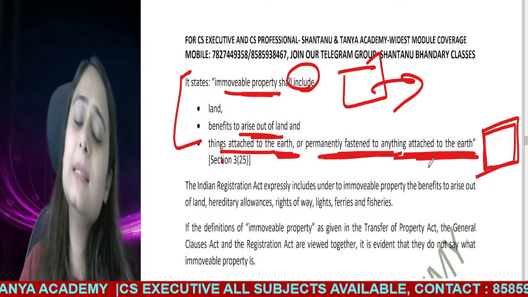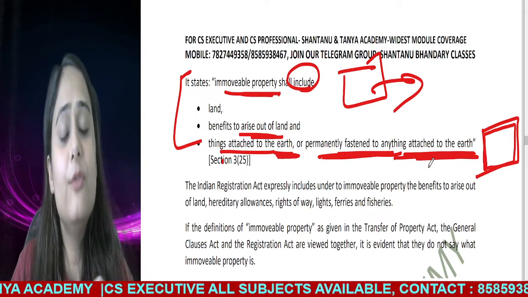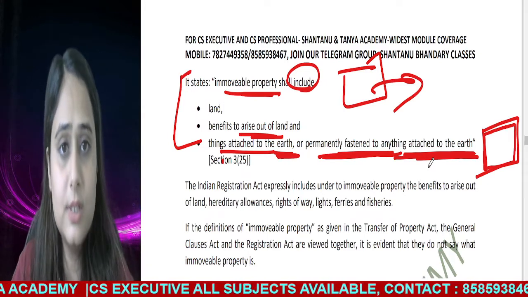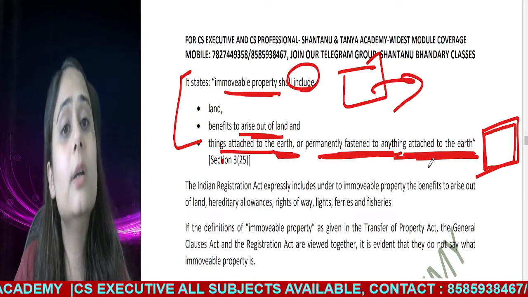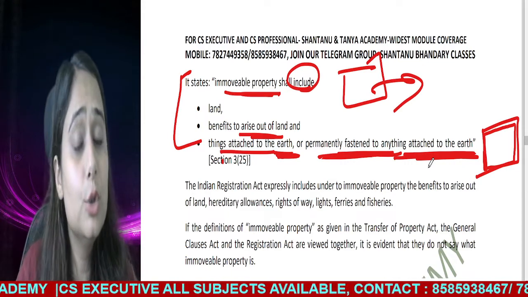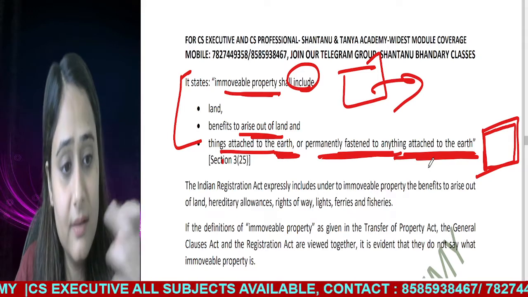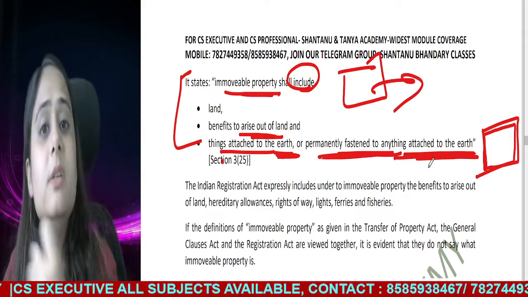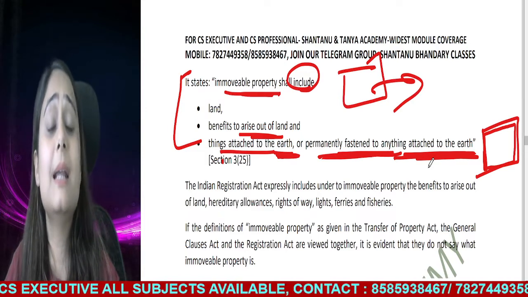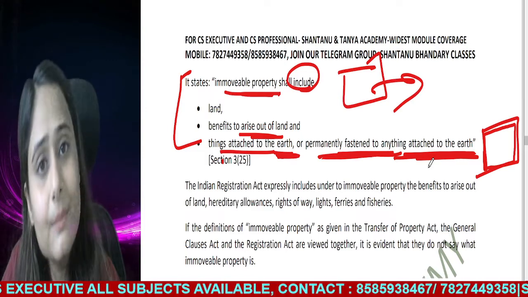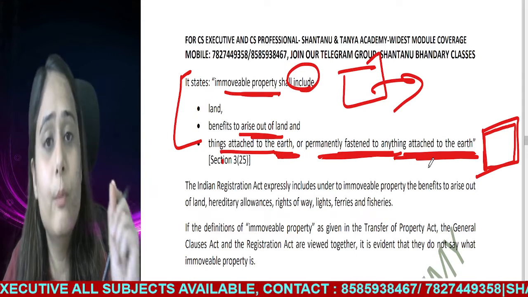And benefits arising out of land means that if I own a house and I have given it on rent, the rental income which I am earning would also be treated as immovable property because that's the benefit which I am getting from that particular immovable property.